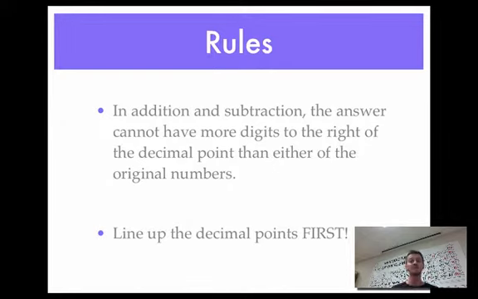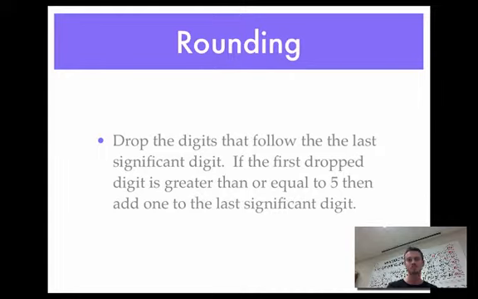Whichever one goes the least number of places to the right of my decimal, my answer cannot go any more digits past that.